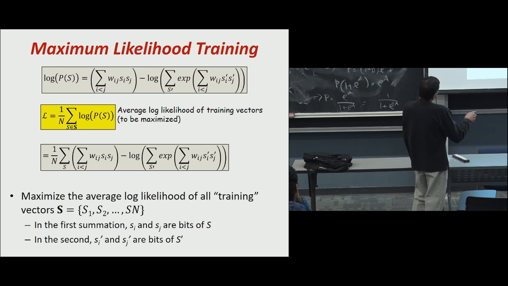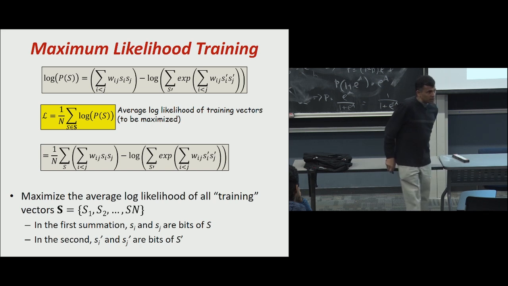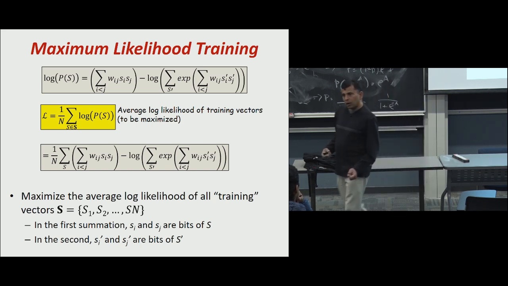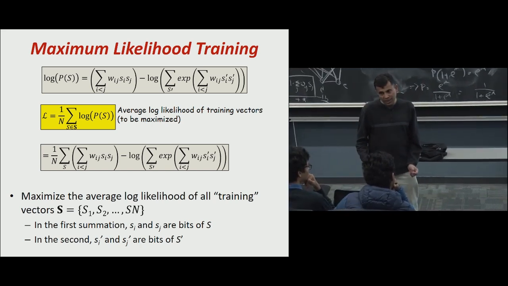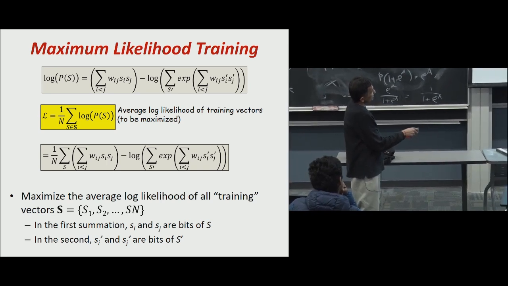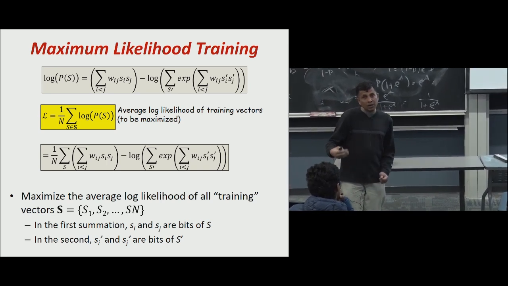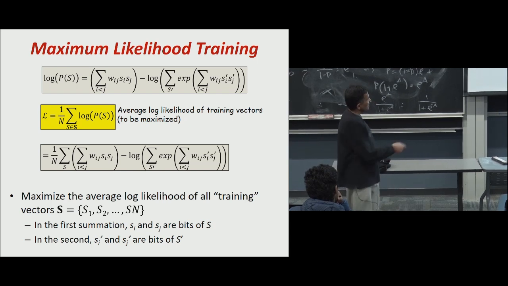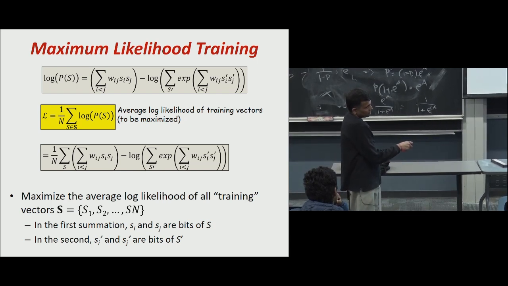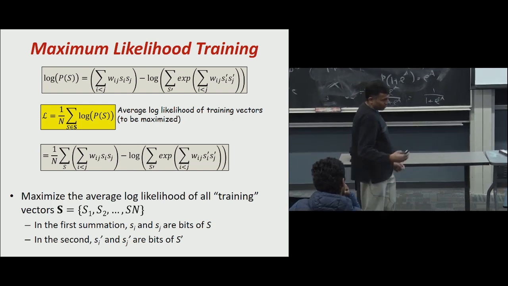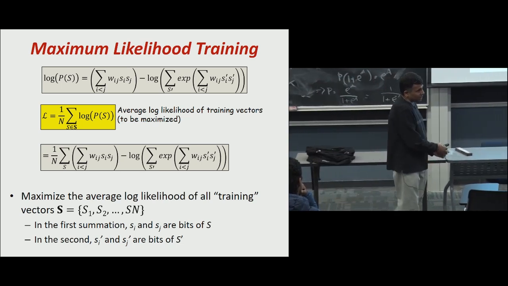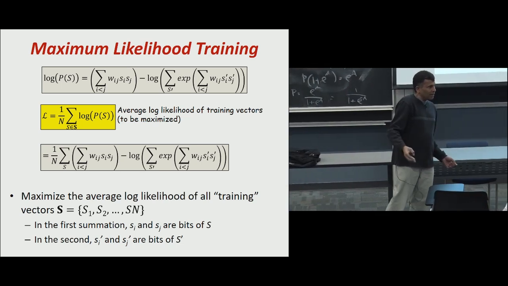So I'm going to take the average of this term over all of the states in my training set, which it turns out is going to be the average of the first term over all of the states in my training set, minus the average of the second term. But because the second term is not really a function of my training set, the second term itself doesn't change. Averaging this over n samples is going to be summing n once and dividing by n.